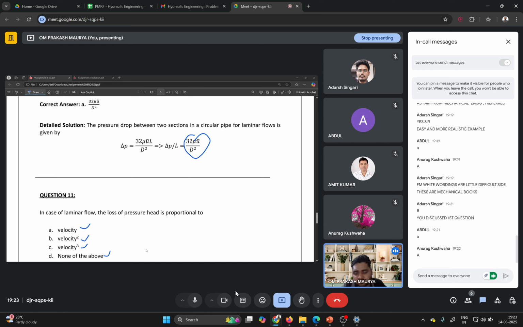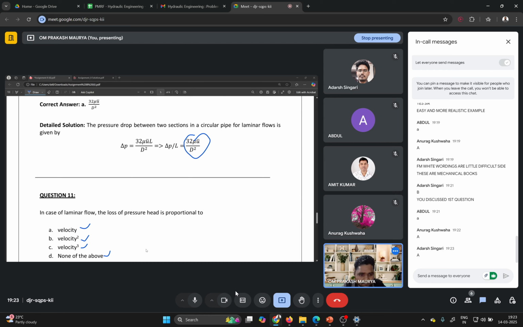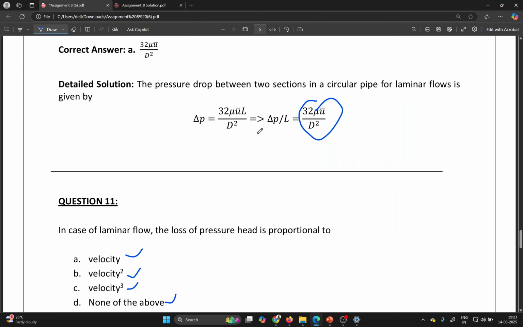But here the question is specifically asking about the pressure head. So just think on that. Okay, everyone is telling A. Yes, option A will be correct because from here you can see it.